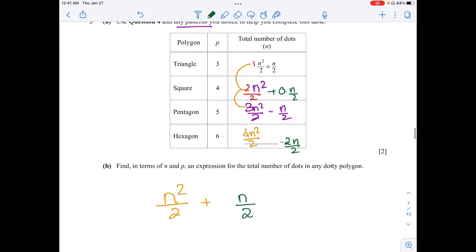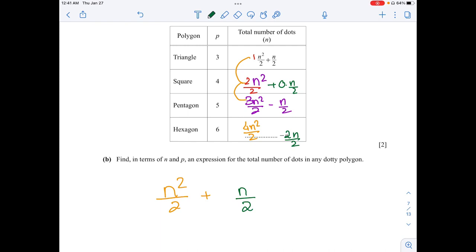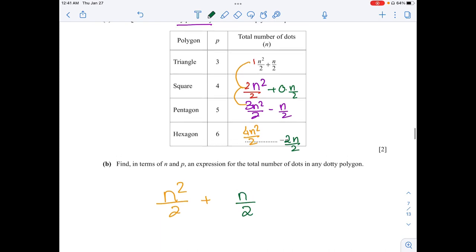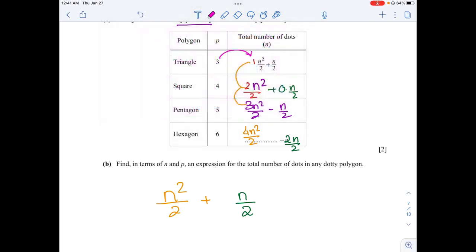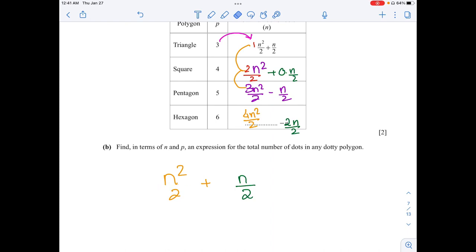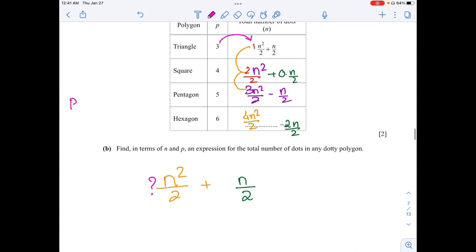I should be able to get the numbers between n and p. So see the pattern. When p is 3, n became 1. I'm talking about this part. For this part, p and n. When p is 3, n became 1.